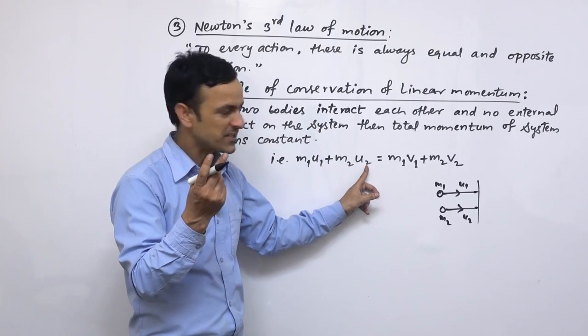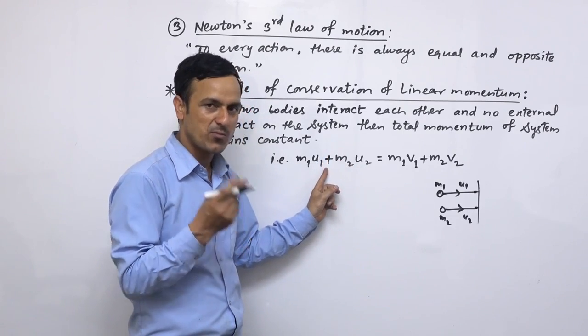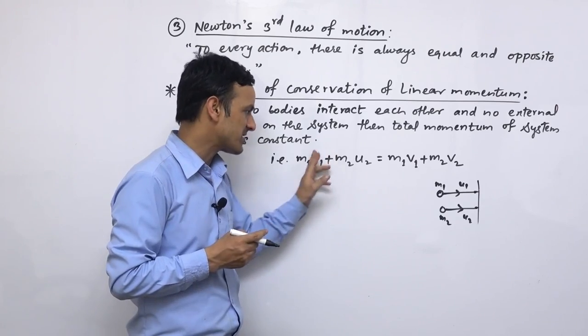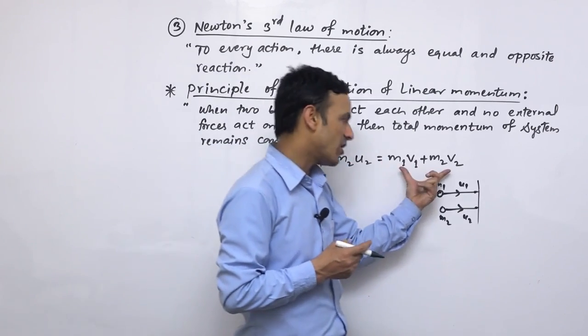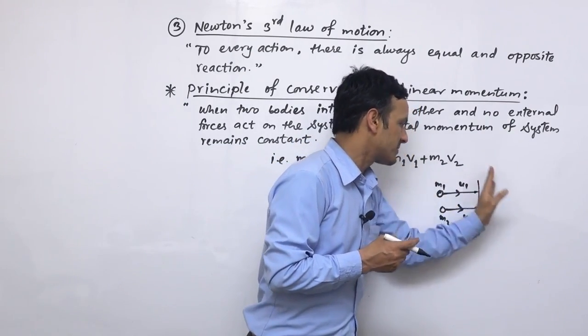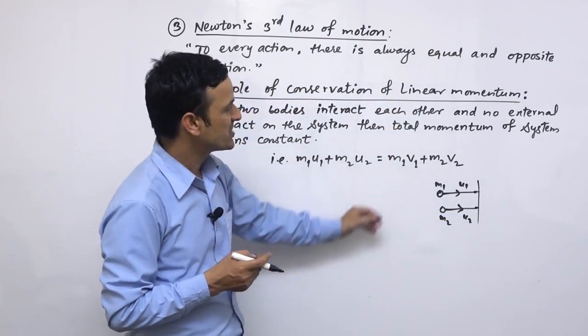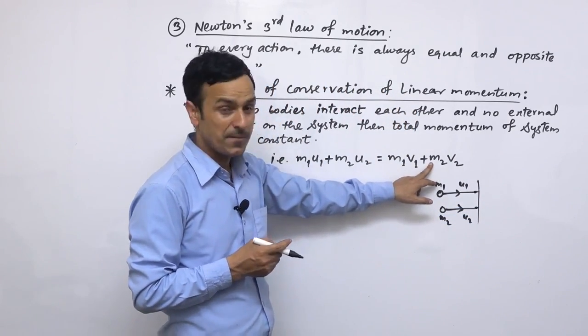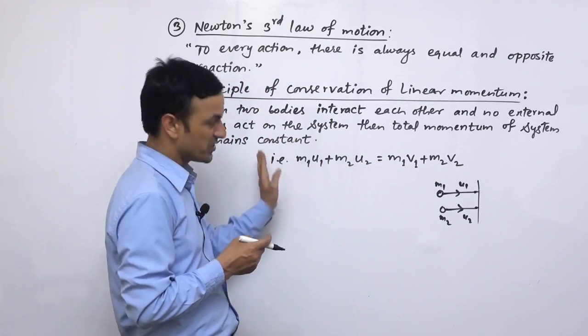We have two objects, that's why total momentum means we should add the momentum of the two bodies. We get total momentum from here, and this is also total momentum after striking, for another final velocity. It is also total momentum after striking, and it is total momentum before striking.